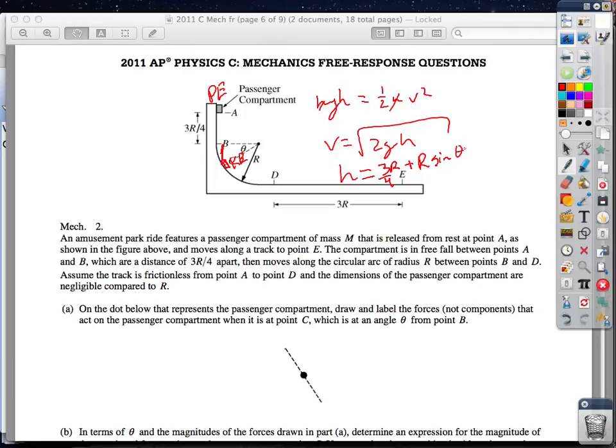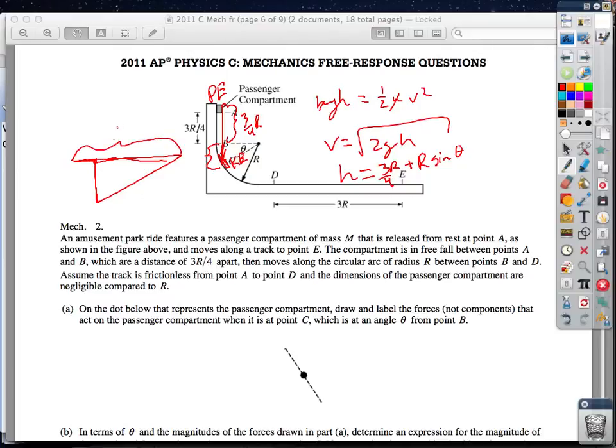Does that make sense to everybody? What happened? No, this is just how far did this fall. So this is 3/4 r, and then this little piece right there, it's that part. But that's not exactly r sine theta, that's a problem. Because it's like this.